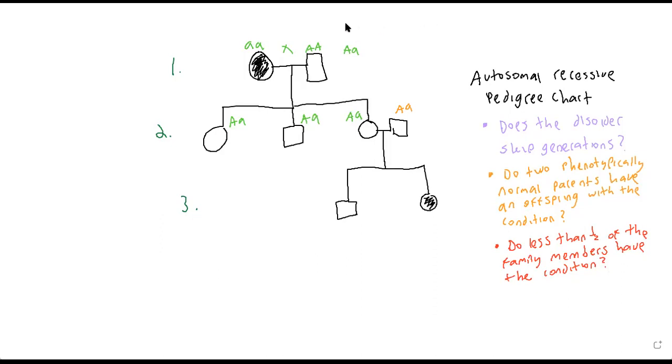Now, how would it look if it was autosomal dominant? Well, let's go find out. If it is autosomal dominant, it's going to look more like this. So, autosomal dominant.